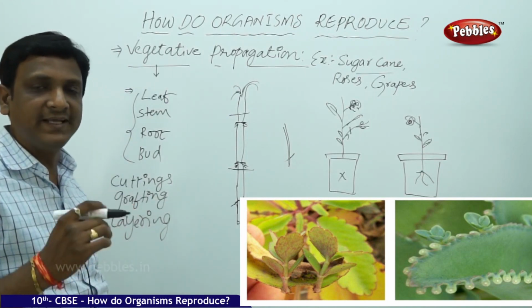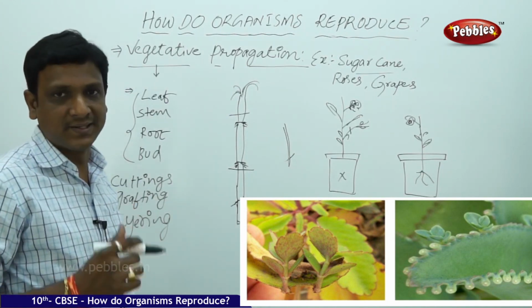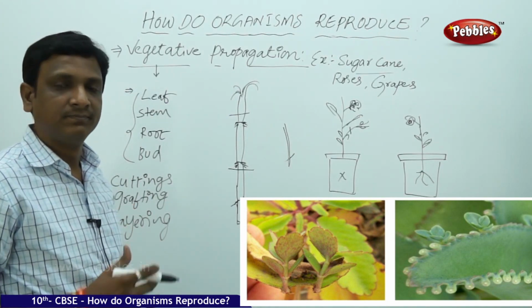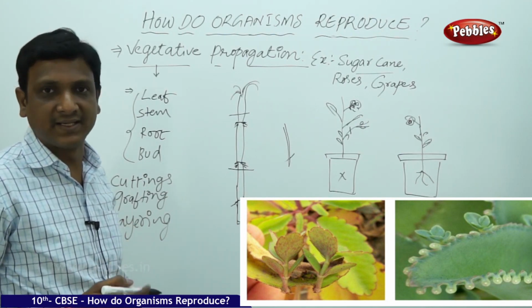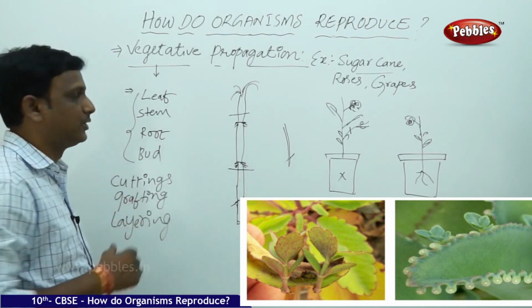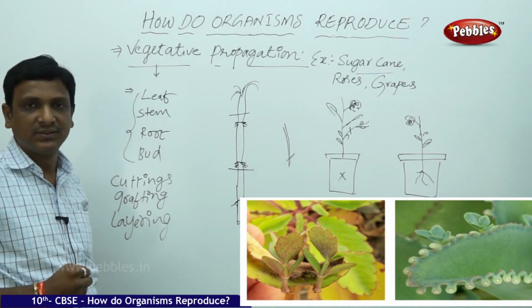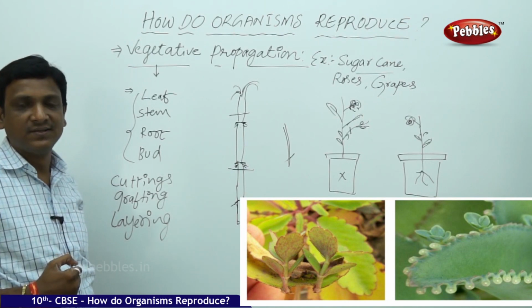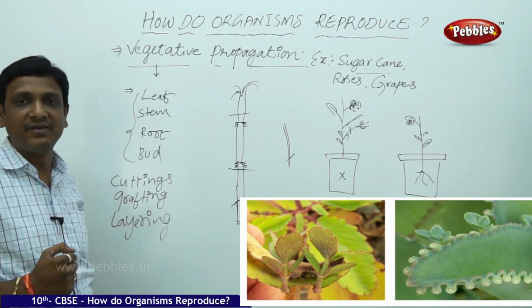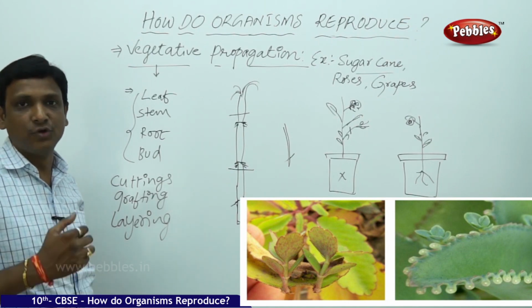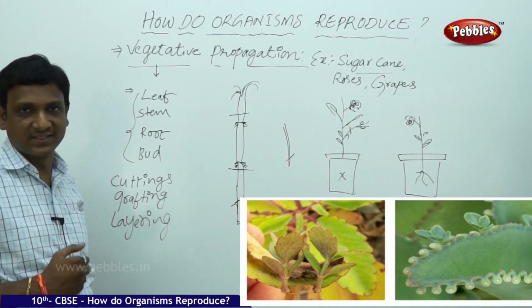Vegetative parts are leaf, stem, root, bud. From these we can get new plants with identical characters. This is the advantage of vegetative propagation, which is widely used in plantations, that is in fruit plantations, vegetable cultivation, and floriculture, the culture of flowers.